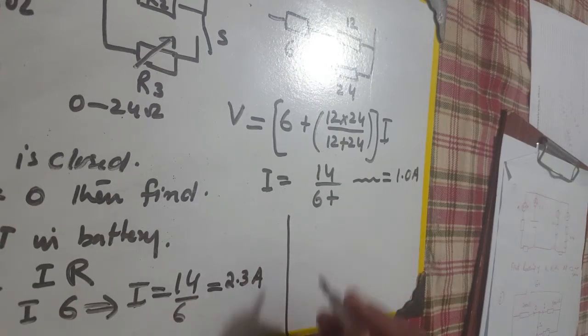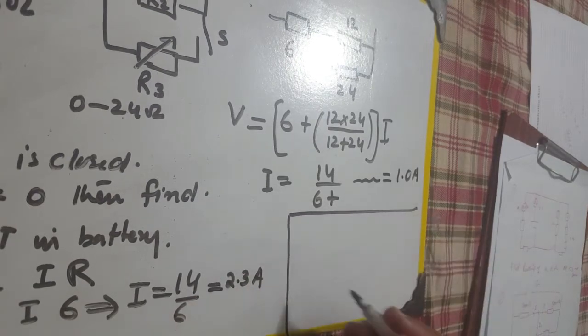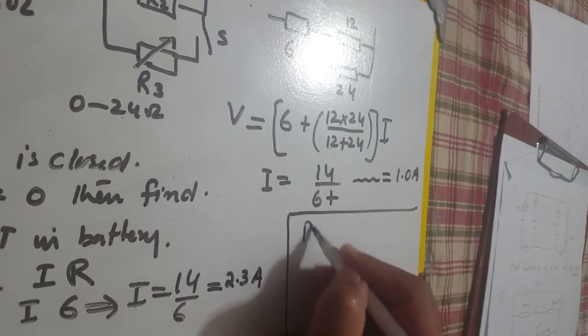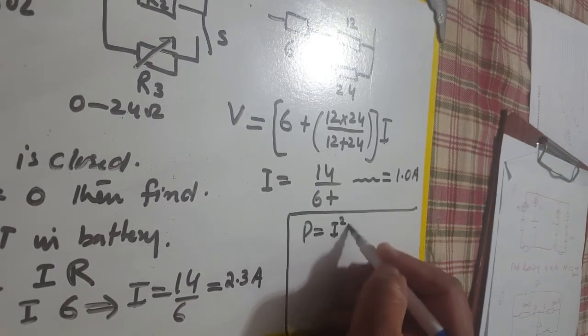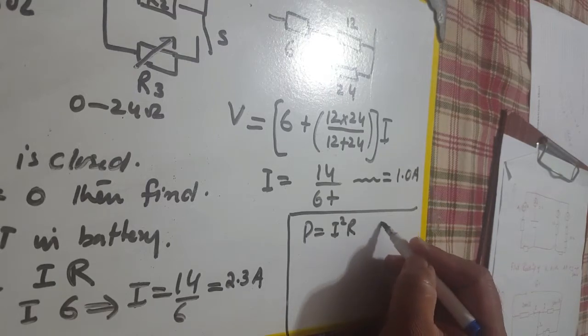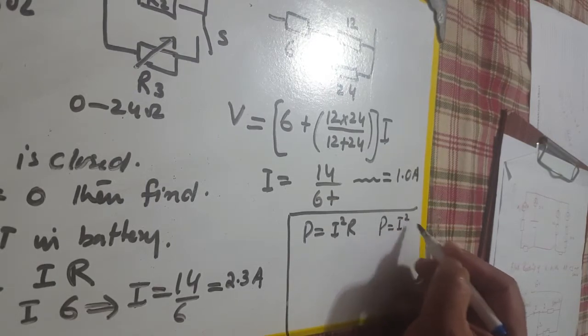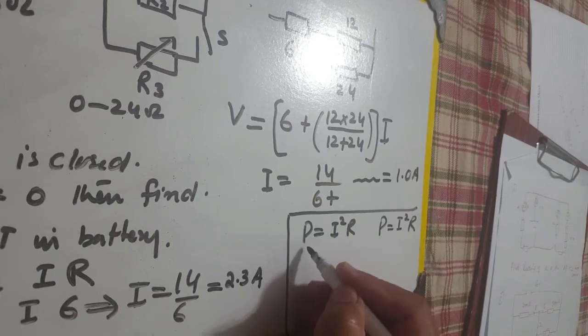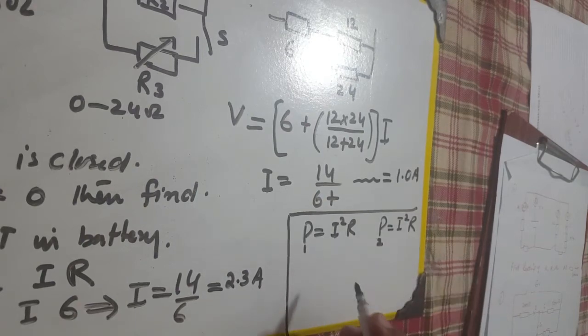तो पावर सप्लाइड कैसे हैंडल होगी? कहता है चेंज इन पावर सप्लाई बताएं. In the first case, P is equal to I square R. In the second case, P is equal to I square R. ये पावर 1 है, ये पावर 2 है. P2 minus P1 will give you the difference in power.